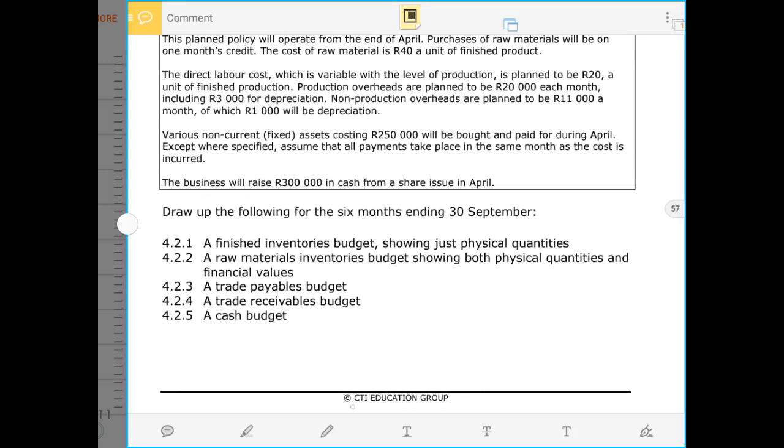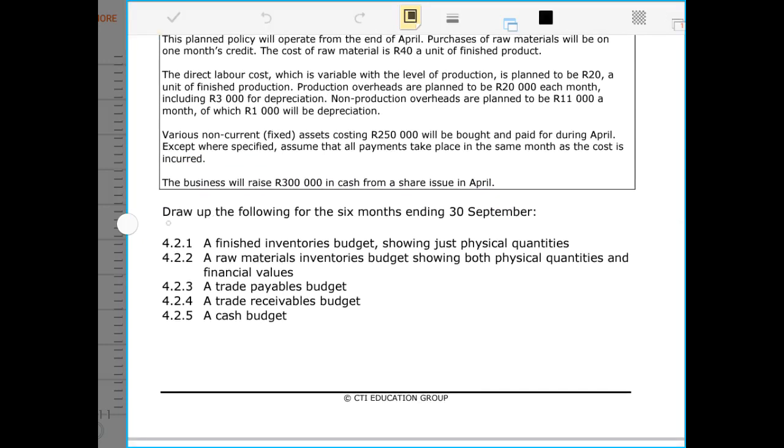Then after, we are required now to draw up the following for 6 months and up to the end of September. Draw up the following for 6 months ending 30 of September. And it says under 4.2.1, we must draw up a finished inventory budget showing just physical quantities.